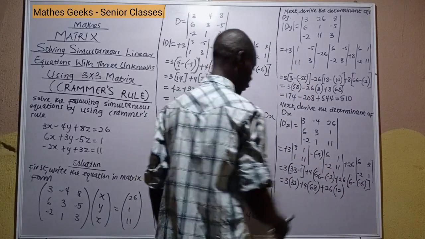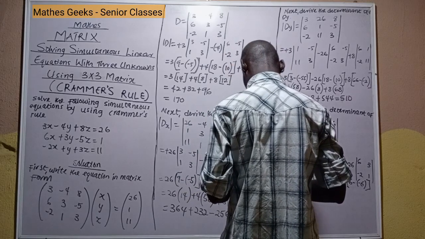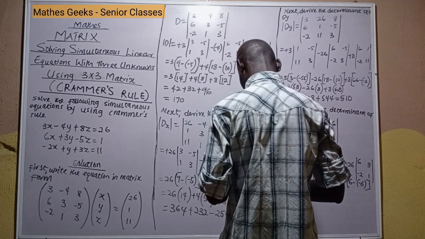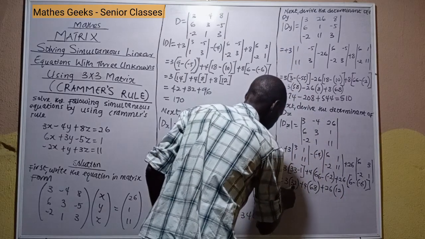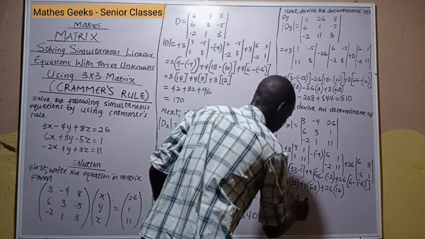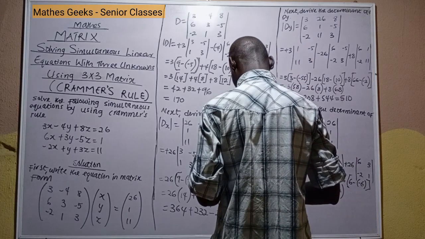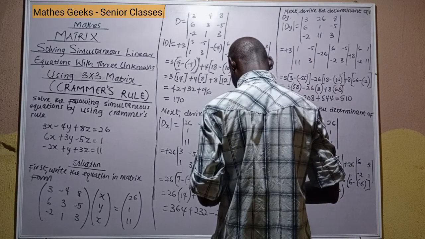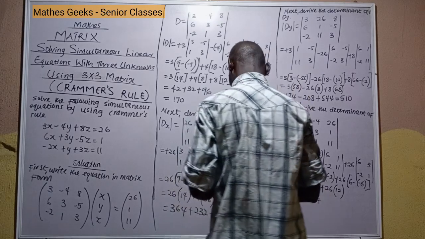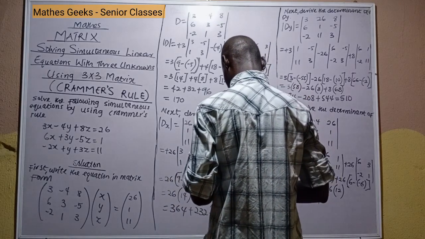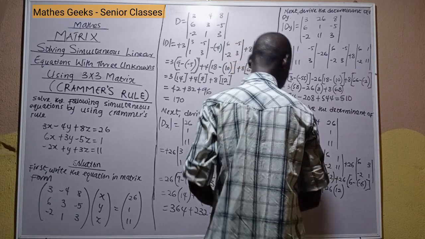And this will give us 3 times 32, 96. 4 times 68, 272. 26 times 12, 312.